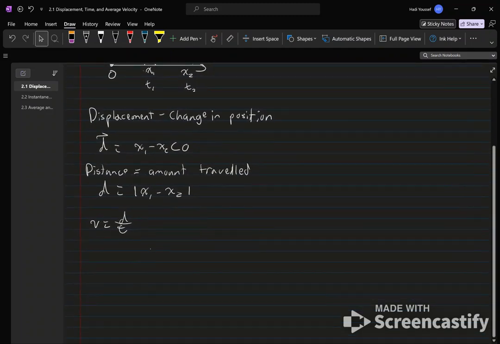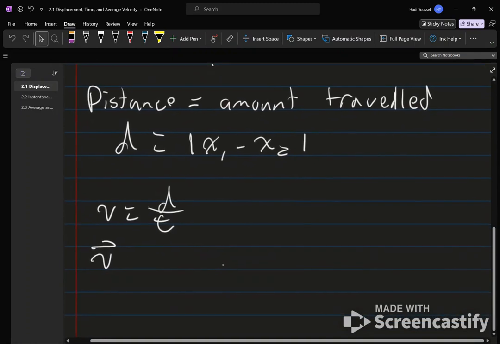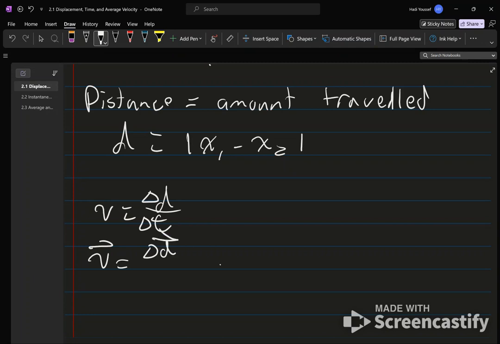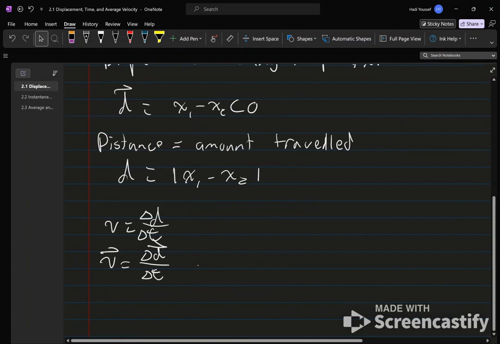However, what separates speed and velocity, which in notation the speed has no hat while the velocity does, is that speed is the change in distance over the change in time, while velocity is the change in displacement over the change in time. The reason this matters is because velocity is a vector.